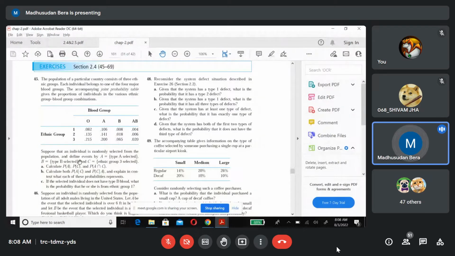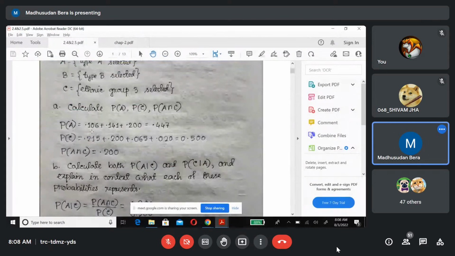So P of A is the sum of these, 0.106, 0.141, 0.200. For P of C, the sum of the third row, and the common portion, A intersection C, is 0.200.